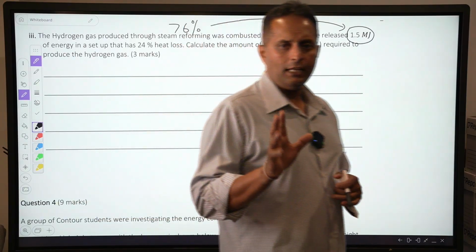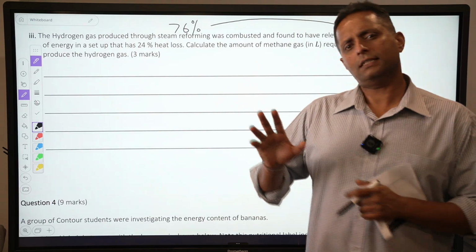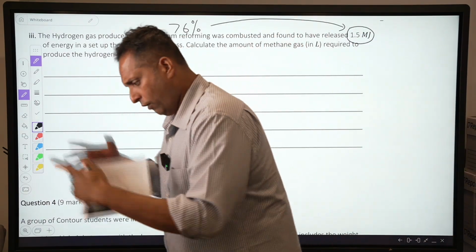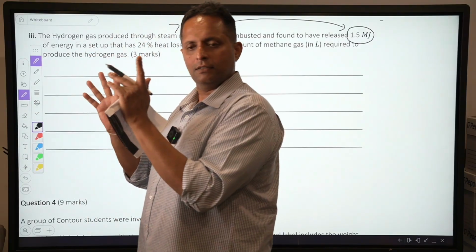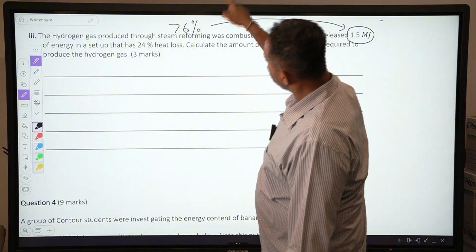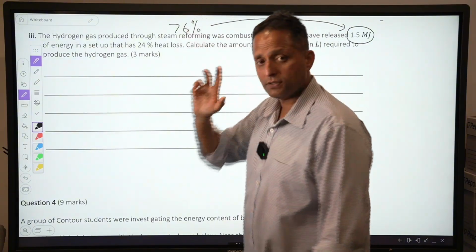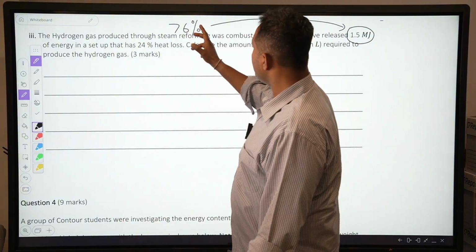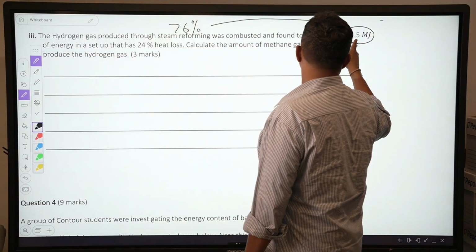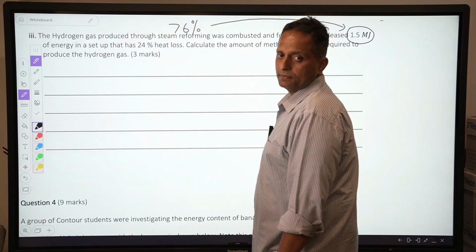The heat loss does not affect the chemical reaction. Hydrogen was producing that amount of energy. Only 76% of the original amount of energy the hydrogen produced is 1.5.